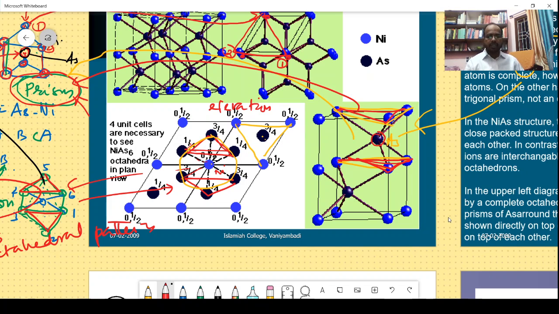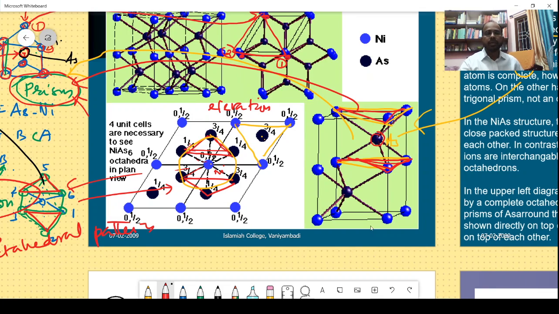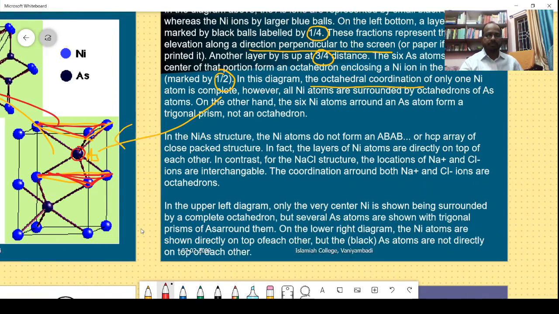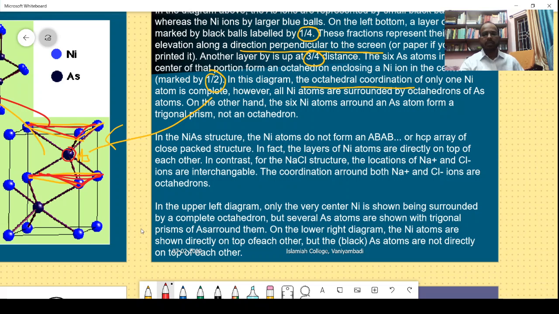Okay, if that is rotated, in the case of nickel at the center, you can write that nickel is surrounded by arsenic in an octahedral pattern, whereas arsenic is surrounded by nickel in a trigonal prism pattern. That is what is being written there. Okay. In the NaCl structure, the Na atoms do not form ABAB or HCP type of close packing. In fact, the layers of nickel atoms are directly on top of each other. In contrast, for sodium chloride, the locations of Na plus and Cl minus are interchangeable.